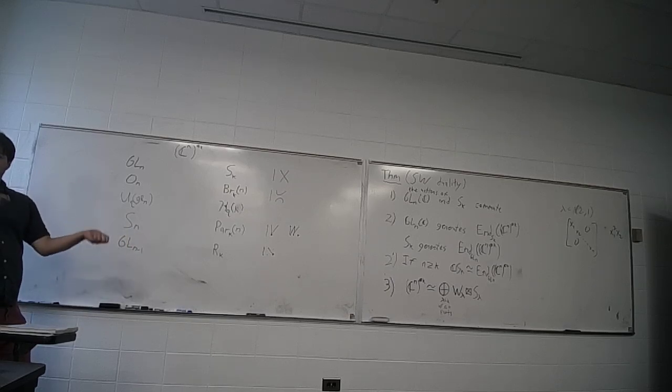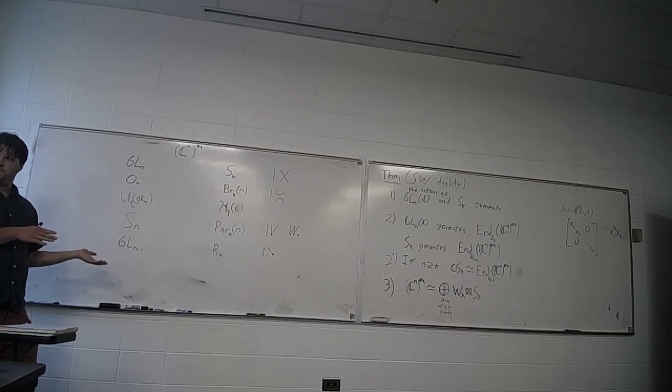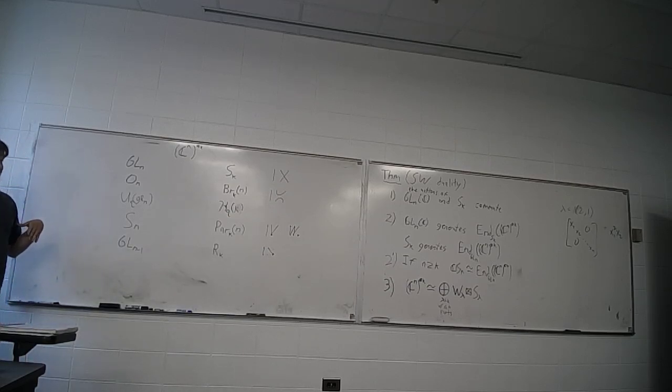Instead, it gives us a pair of functors between the representation theory of general linear groups and the representation theory of symmetric groups. And those aren't equivalences of categories, but they're adjoint functors that can give us a lot.